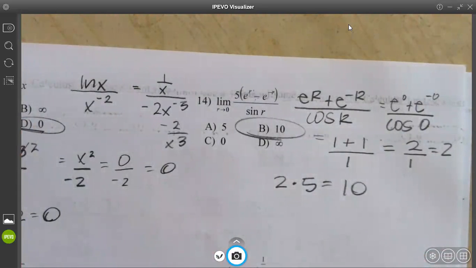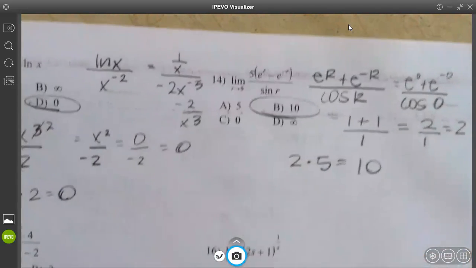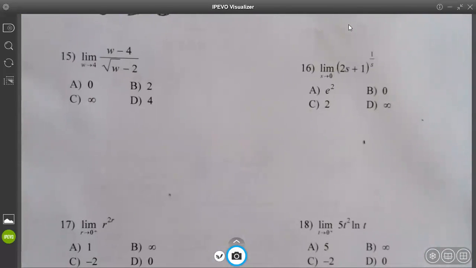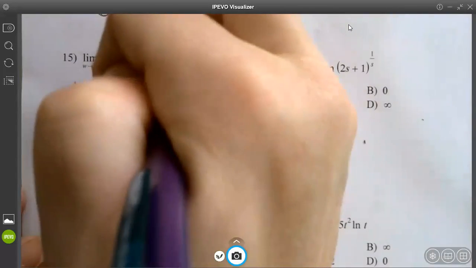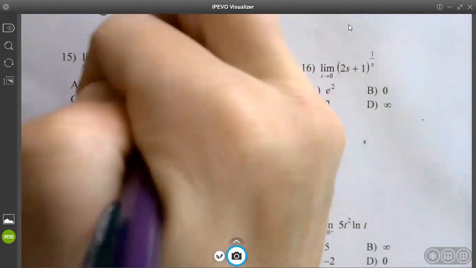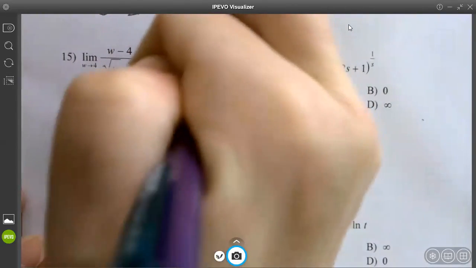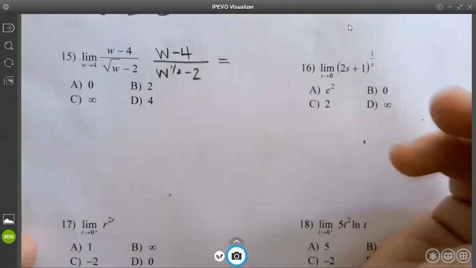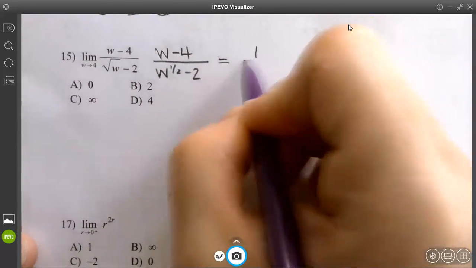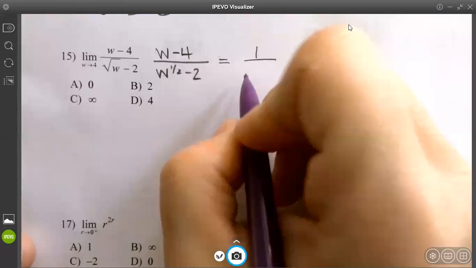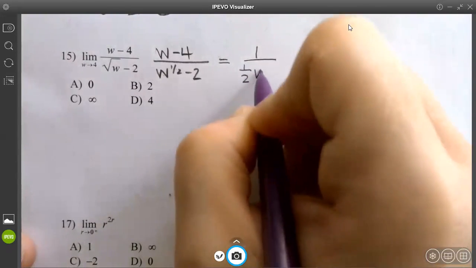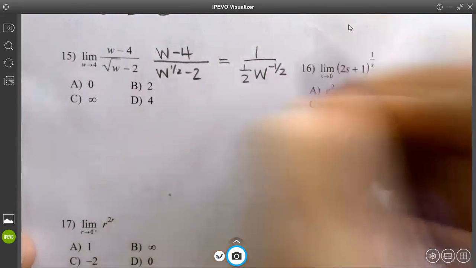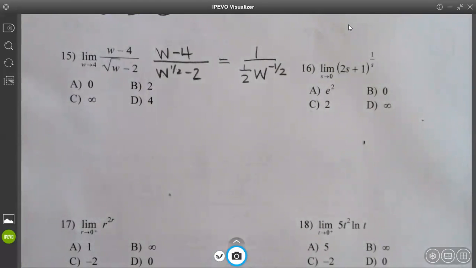The next one is 16. All right, same thing as that last one. We have w minus 4, but we're going to change it into w to the 1/2 minus 2. Derivative of w to the 1/2. If you change it to x, that's perfectly fine. Don't stress out about that.